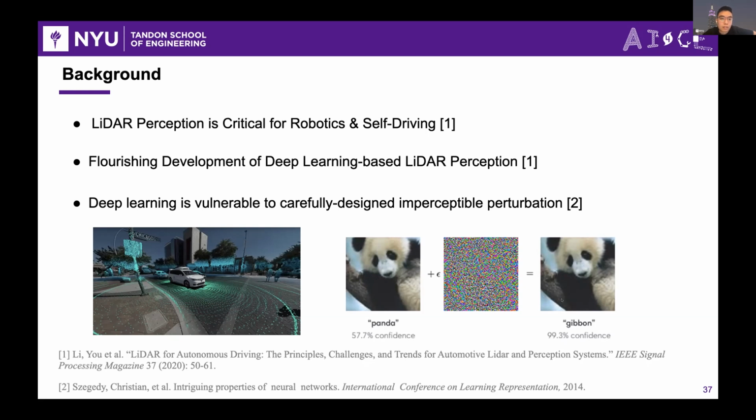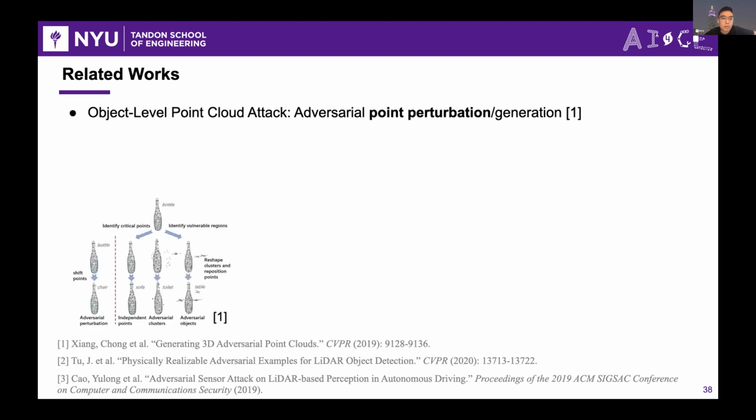So adversarial learning is quite interesting, and several researchers have been investigating it in 3D computer vision. For object-level point cloud attacks, some methods propose to adversarially perturb point coordinates to fool the 3D object recognition model.